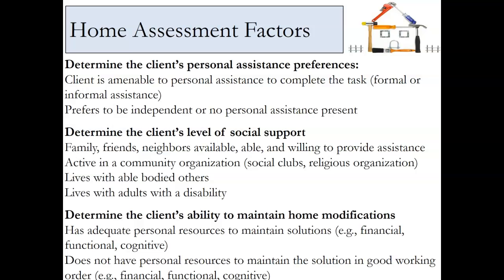Determine the client's ability to maintain home modifications. Do they have adequate personal resources to maintain solutions? Financial, cognitive, functional. Or do they not have personal resources to maintain solutions? So again, how much resources do they have? How much money do they have to pay for this stuff? How functional are they?